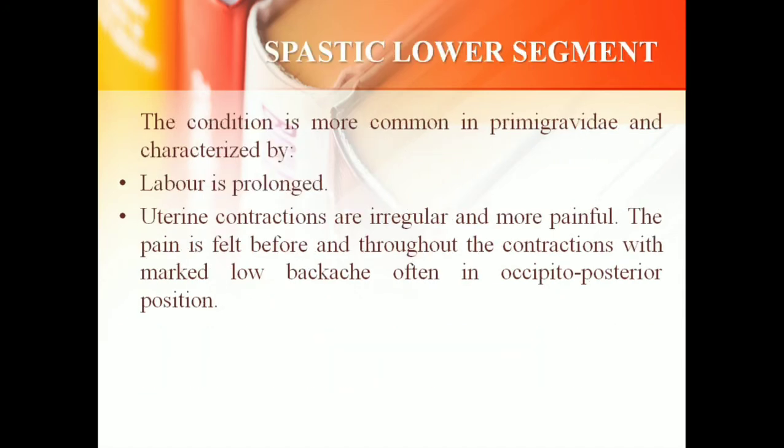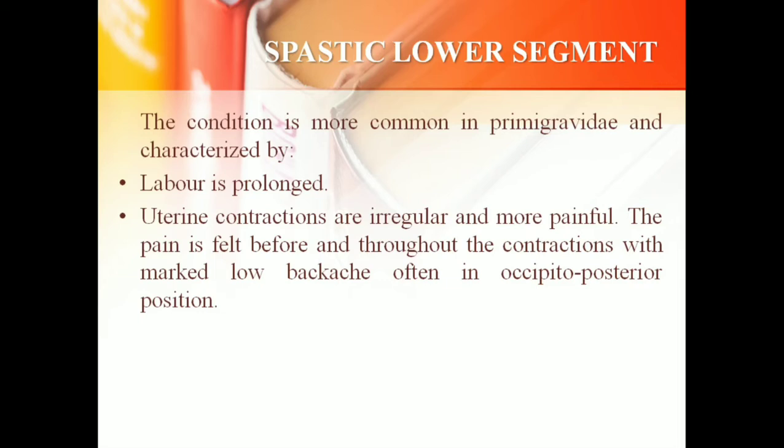First is spastic lower segment. Spastic lower segment is more common in primigravida, and it is characterized by prolonged labor. The period of labor is longer than normal, and the uterine contractions are irregular and more painful. In true labor the uterine contractions are regular, but in this condition they are irregular and more painful, with lower back pain.